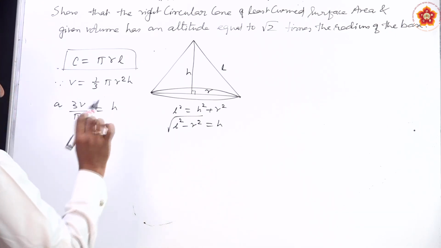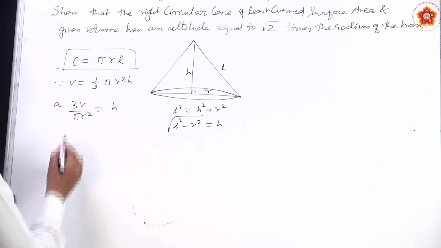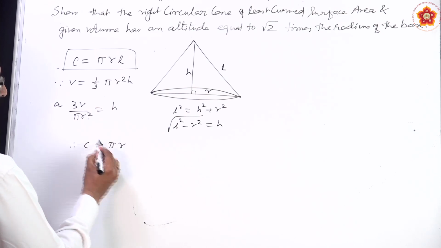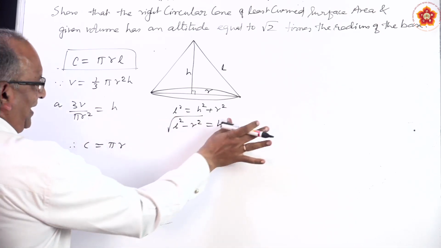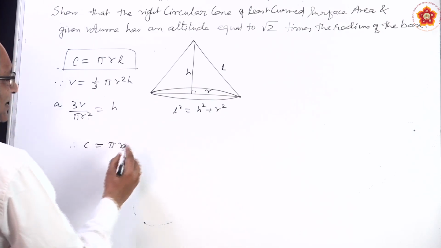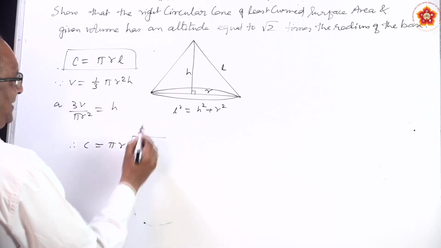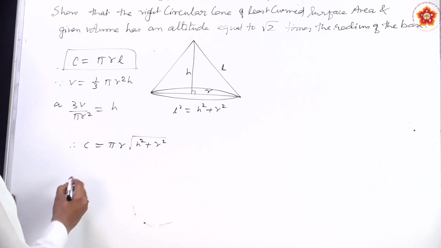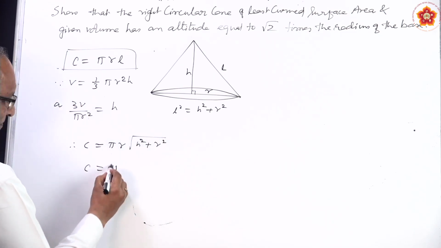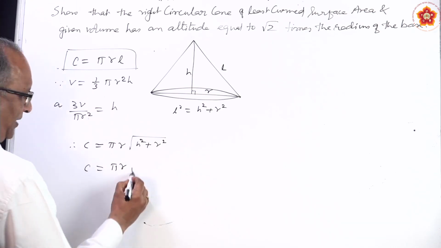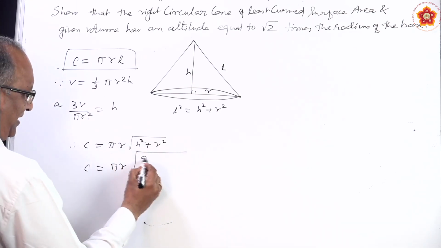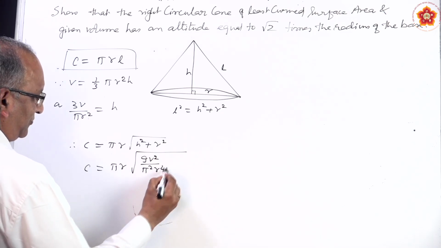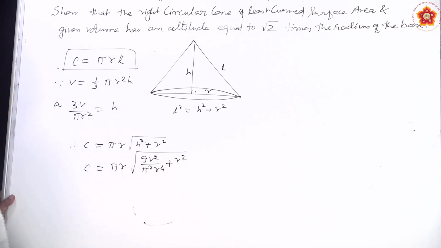As per our requirement, wherever it is required, we can do it. Hence, C is equal to pi r L. We have to substitute the value of L, so instead of finding this, we can directly say it is under root of h square plus r square. Substitute the value of h. So C is equal to pi r under root of 9V square by pi square r to the power 4 plus r square.